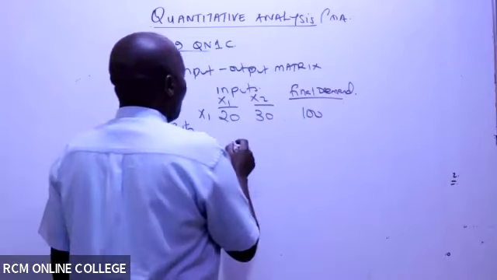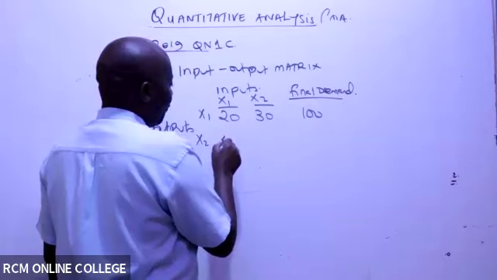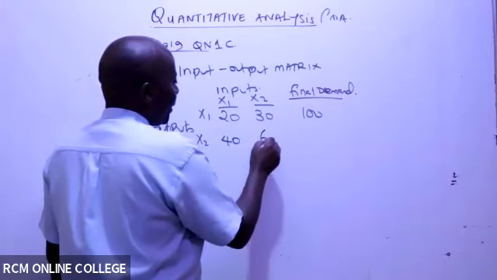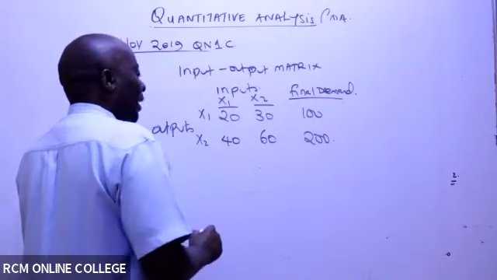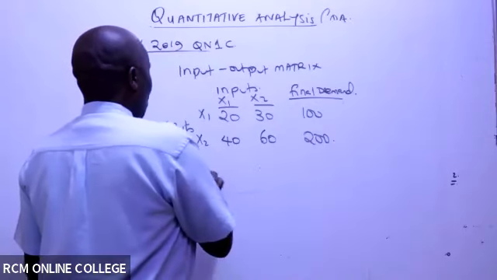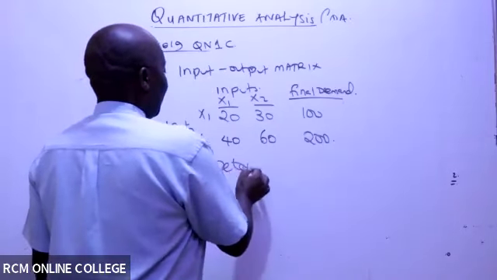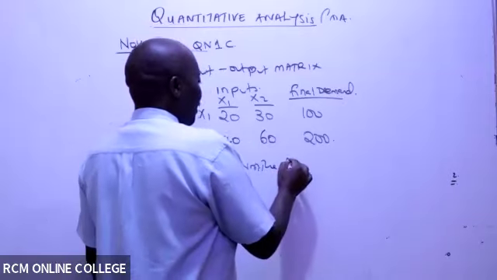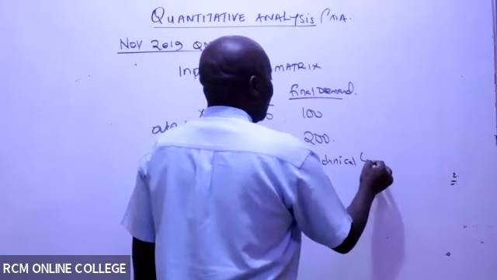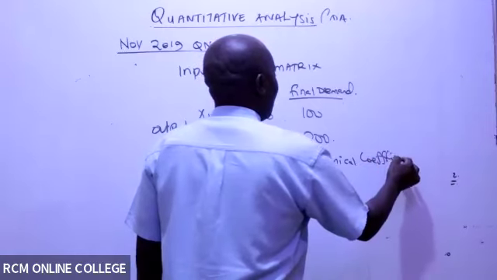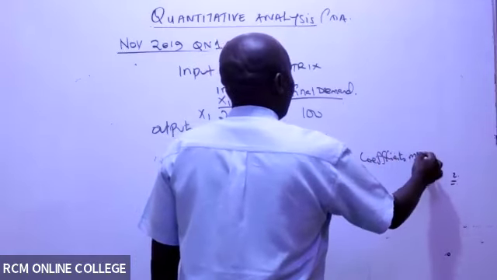For x2, we have, for example, 40, maybe 60. Final demand is 200. And then you will be required here to determine matrix A, the technical coefficients matrix.